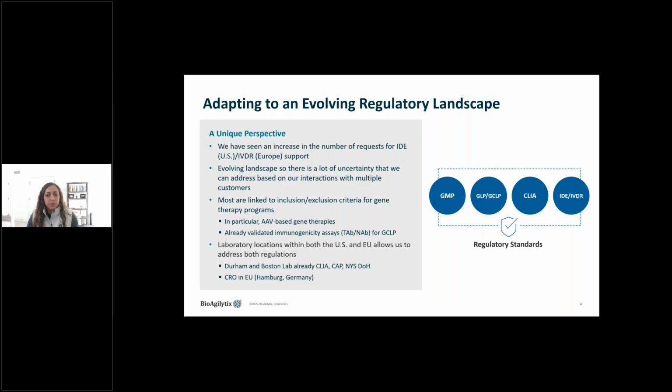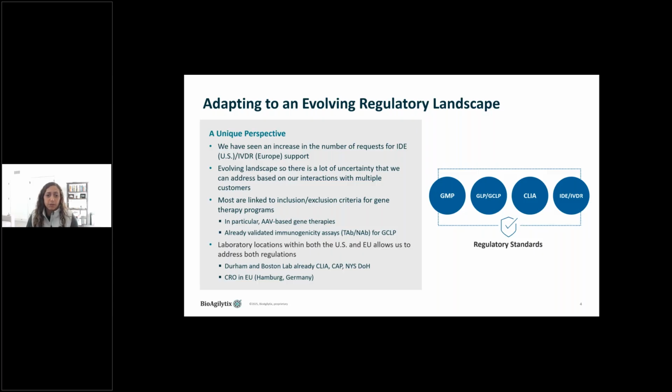So given our vast experience with developing and validating immunogenicity assays, we've been able to lean on that experience with some modifications to make these assays screening assays. So they're used typically for purposes of inclusion and exclusion from clinical trials, which subjects these assays to these IDE and IVDR regulatory standards.